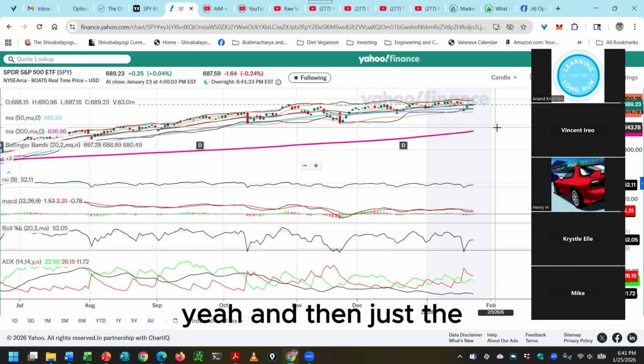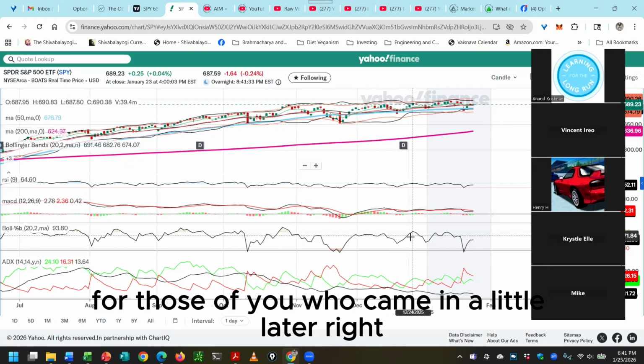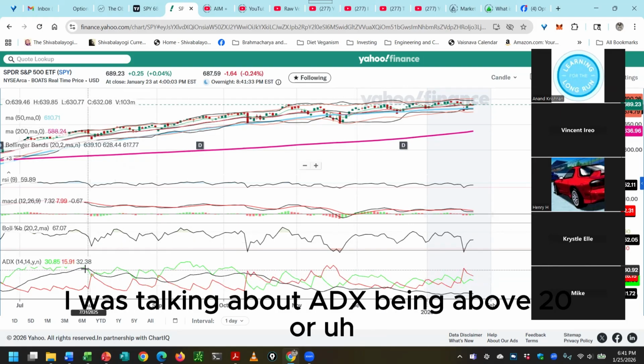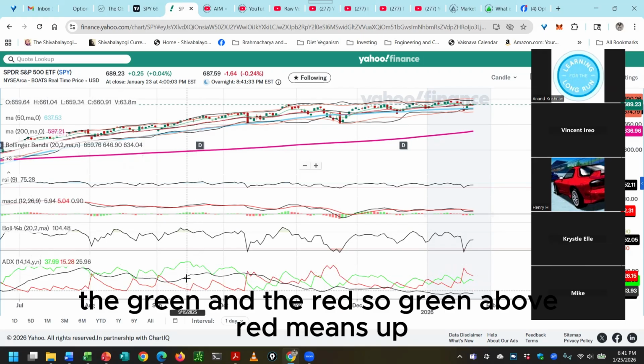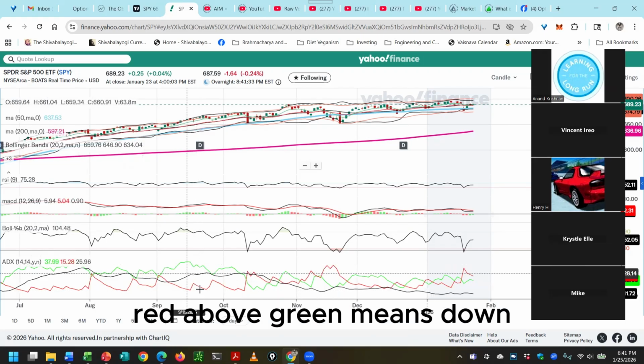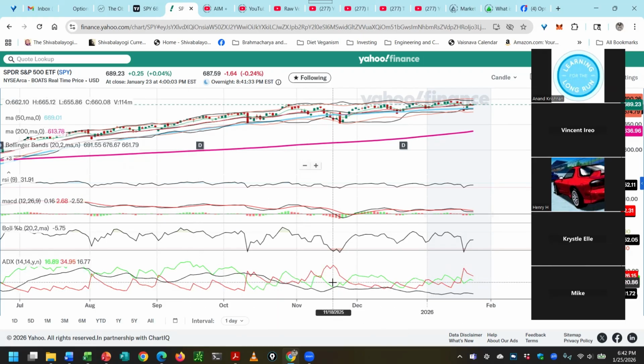And then ADX, we're running pretty low. For those of you who came in a little later, I was talking about ADX being above 20 or below 20. The green and the red: green above red means up, red above green means down.